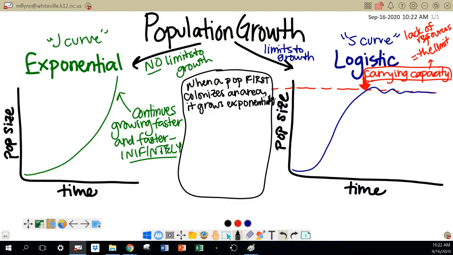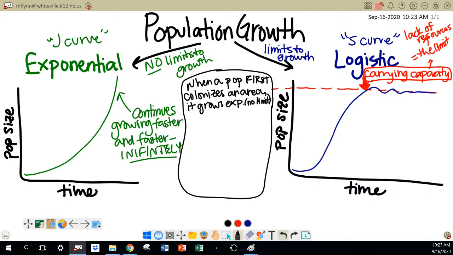I ran out of room there, that's bothering me. I'm just going to put EXP. So no limit, because it hasn't run out of its resources yet.